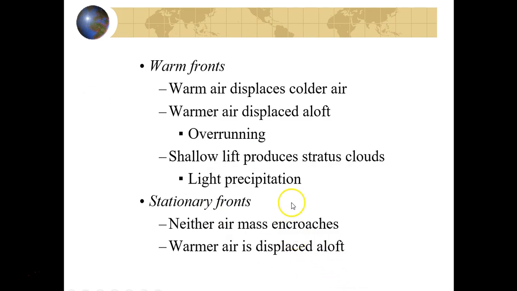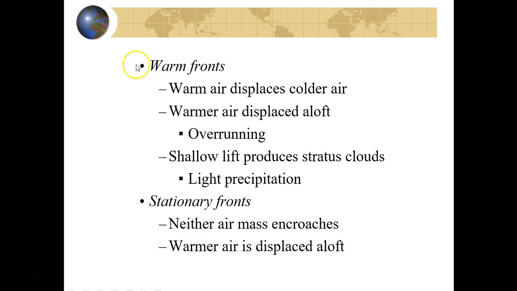Warm fronts, on the other hand, come from different directions and have a completely different sort of pattern in terms of they move in different directions. And the one thing they have in common is they often produce clouds, and they often can produce rain, but they move very differently and they have different types of clouds associated with them.